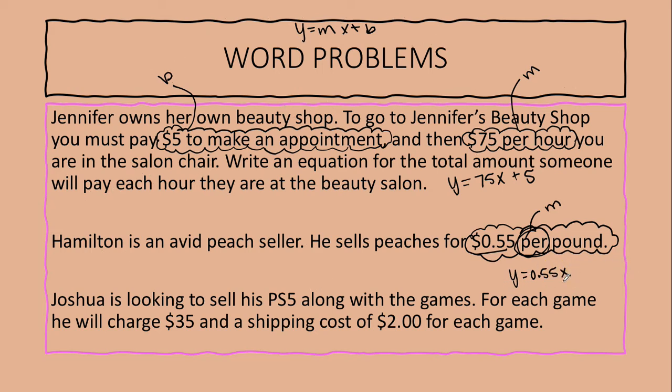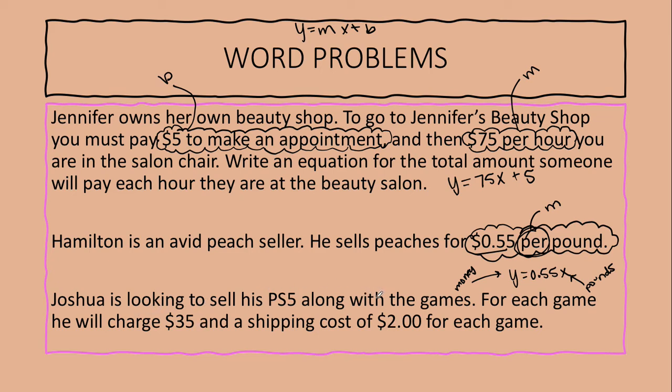What can you tell me about this equation? If you said proportional, you're right. Why is this proportional? Because the y-intercept is 0. So x here would stand for pounds, right? Because 55 cents per pound. And y here would represent how much money I spent on the peaches.